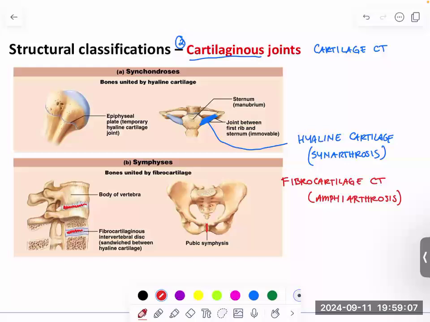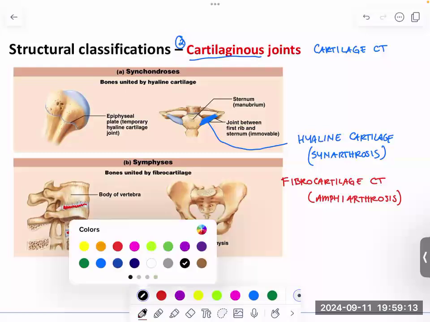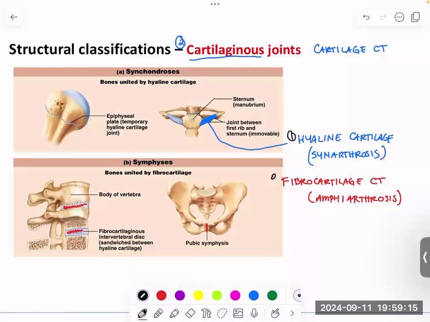So cartilaginous joints are either going to be made of hyaline cartilage or fibrocartilage, and they tend to fall under those two functional classes, depending on which cartilage they are made of. Functional versus structural classification.